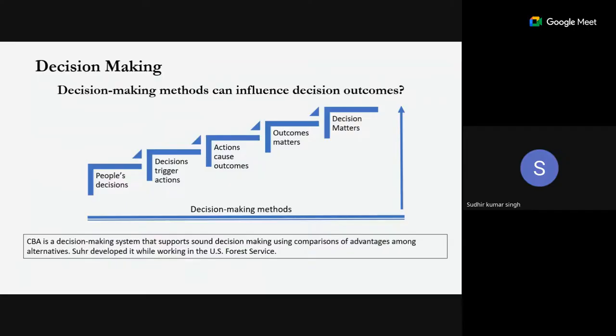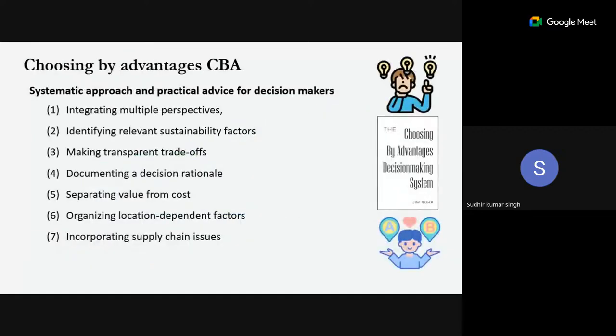What is the baseline? You have to have at least 2 things in your mind while making a decision. First and foremost thing in my mind will be the cost. Another will be the material advantage which I will be getting. Right? So there is a method, we'll see it. There is a method which is called choosing by advantages.